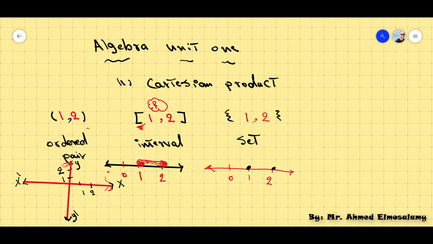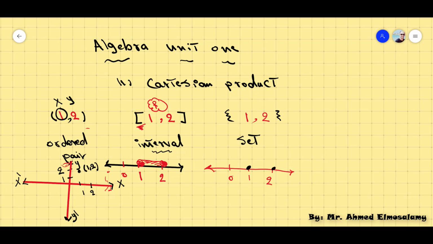So we can represent 1 and 2: 1 belongs to x and 2 belongs to y. Any ordered pair consists of x and y. The first element is called x and the second one is called y. So how can we represent 1 and 2 in the Cartesian coordinate plane? From 1 go to 2. So the ordered pair 1 and 2 is here. We can represent the ordered pair by a point on the Cartesian plane, and from 1 to 2 closed is the interval, and a set 1 and 2.